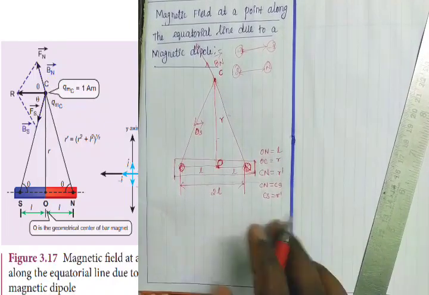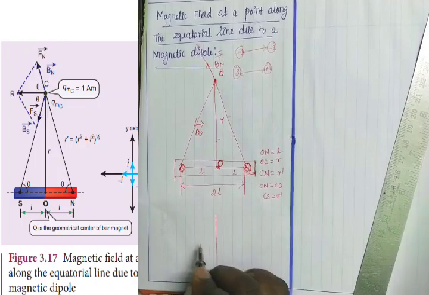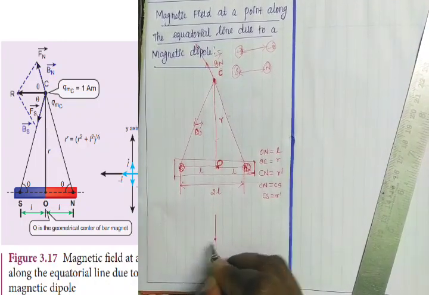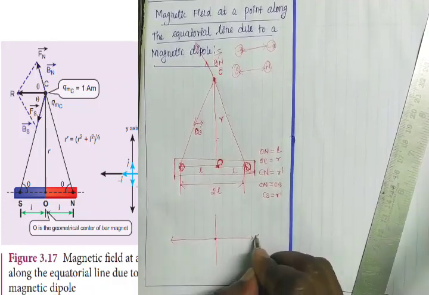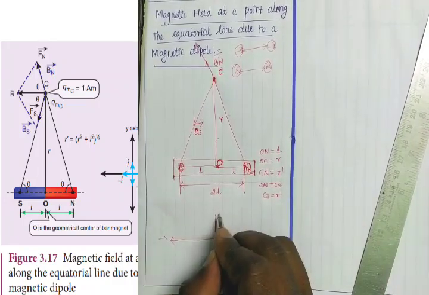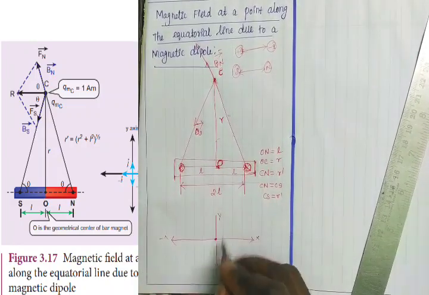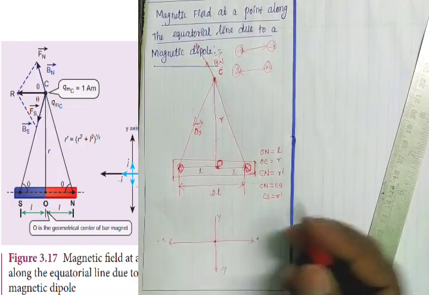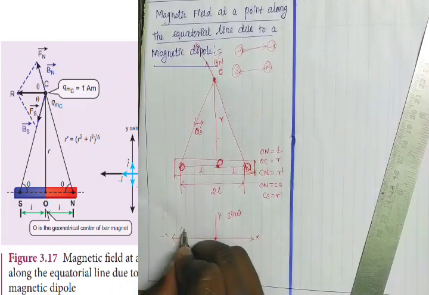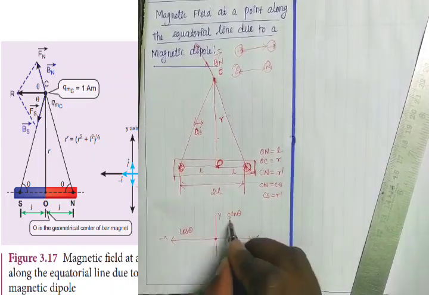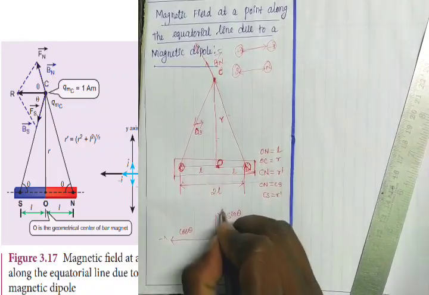We consider only this point C. Next diagram: this is the X axis, minus X, Y and minus Y. There are two components, horizontal and vertical. Vertical component is sin theta and horizontal component is cos theta.